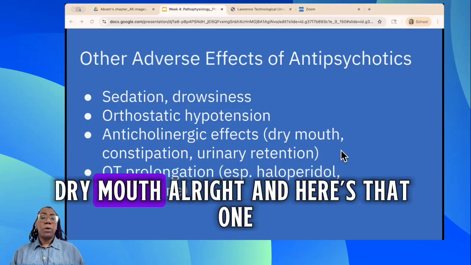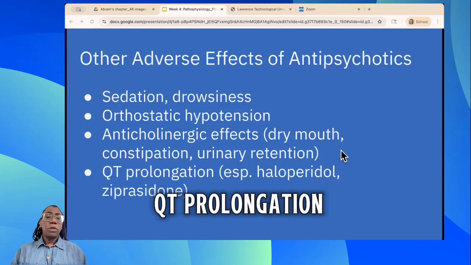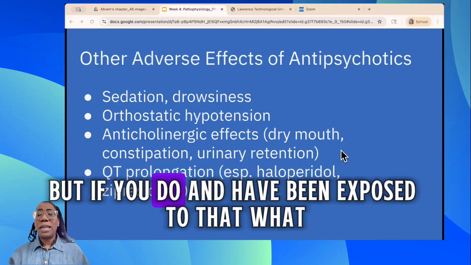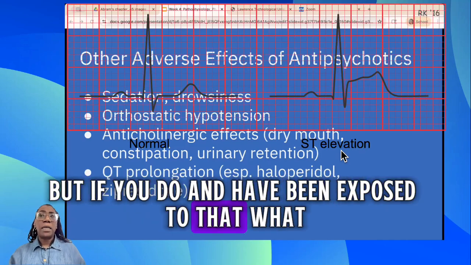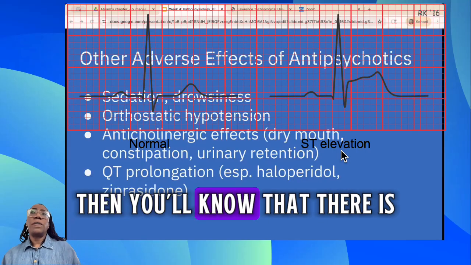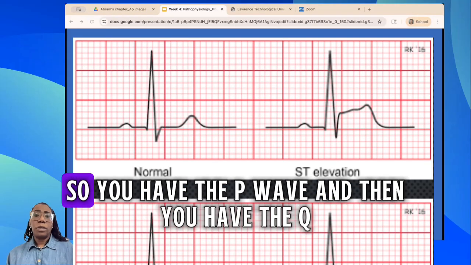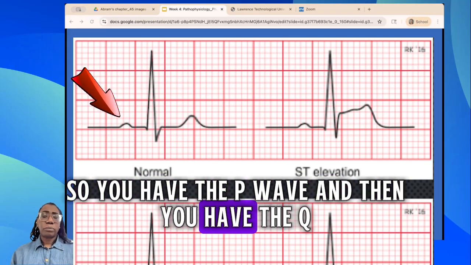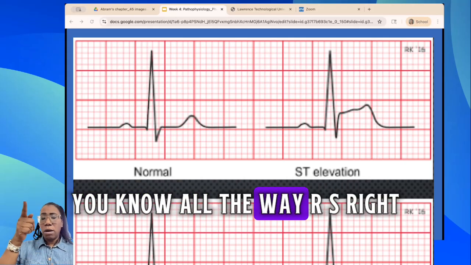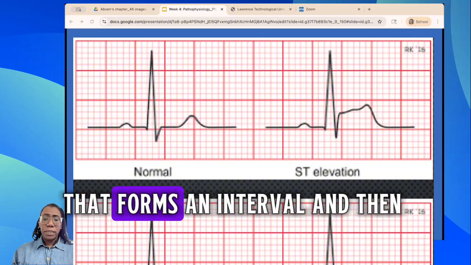All right. And here's that one. QT prolongation, you see that in the atypicals. If you have been exposed to what a typical EKG strip looks like, then you'll know that there are different intervals, right? So you have the P wave, and then you have the Q, all the way to R, S, right? That forms an interval.